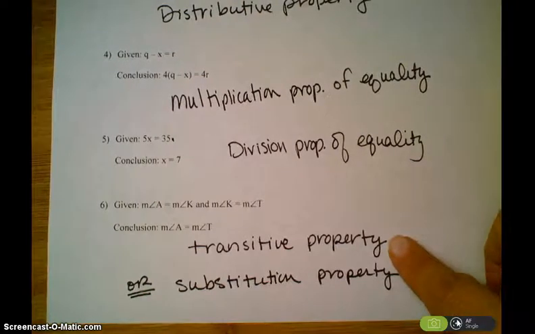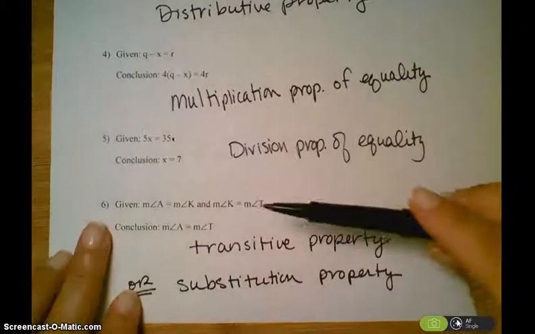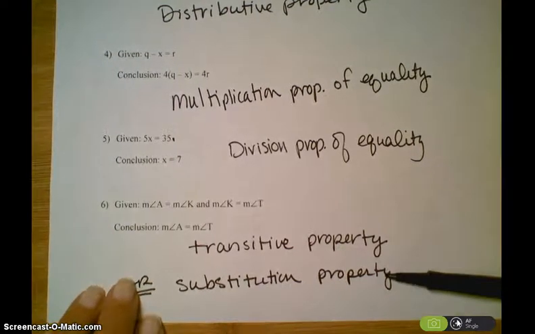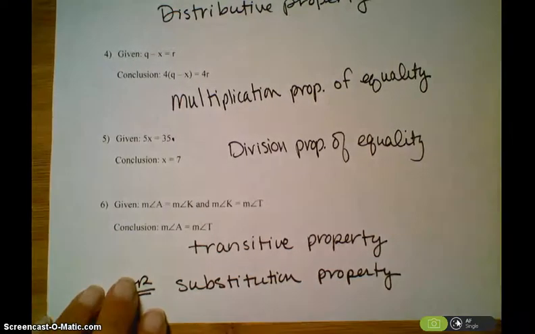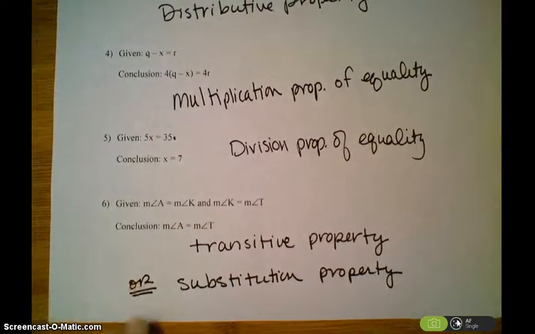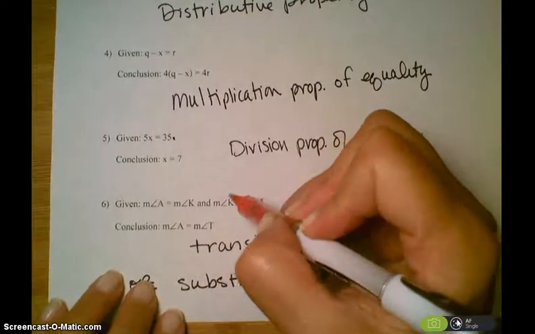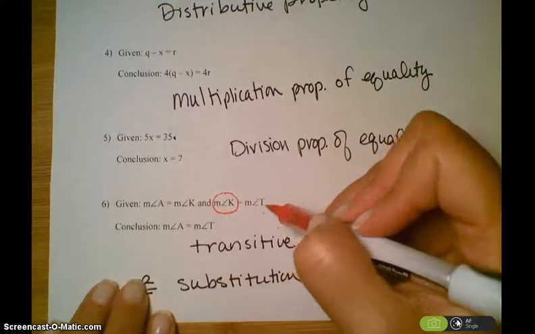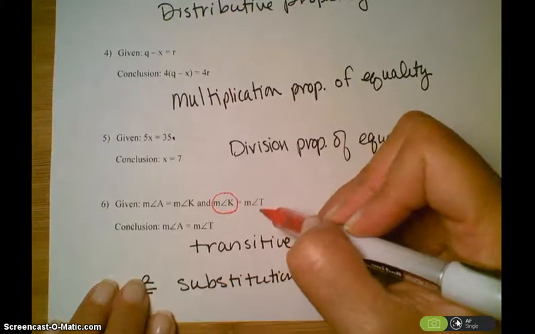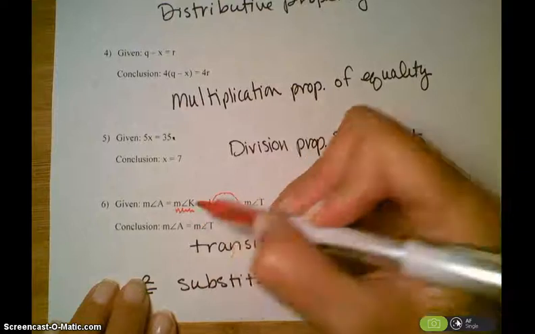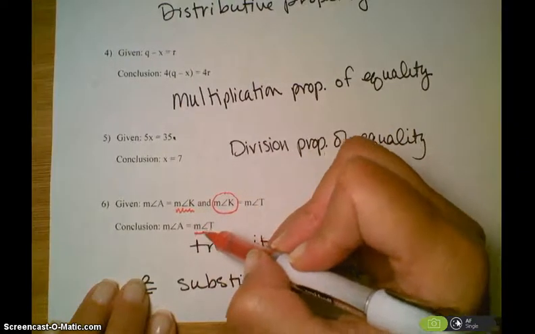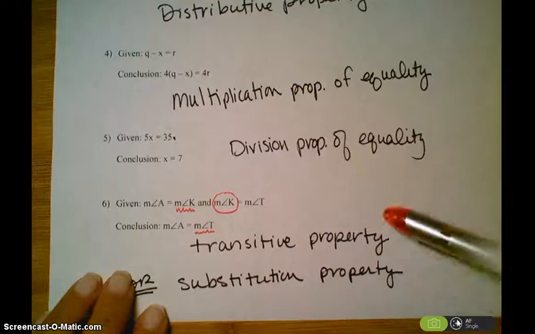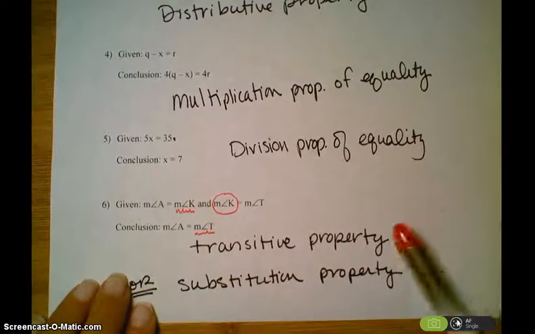Transitive property is acceptable because this statement is a classic representation of the transitive property, but substitution property is also acceptable, because what we did was we knew that every place that I see an angle K, I can replace it with an angle T. Here's an angle K, it gets replaced with an angle T. So you could look at it as transitive property or as substitution property.